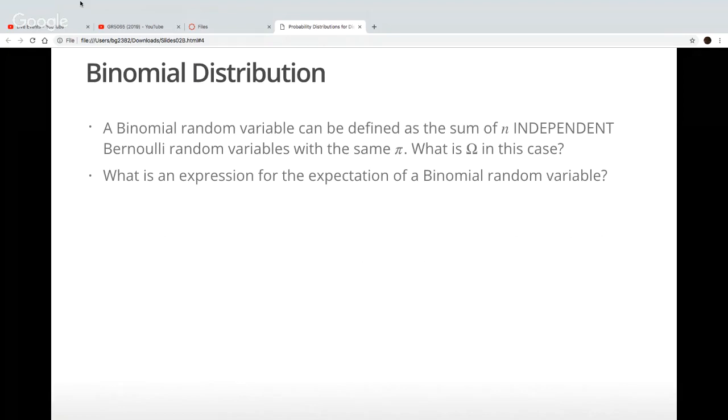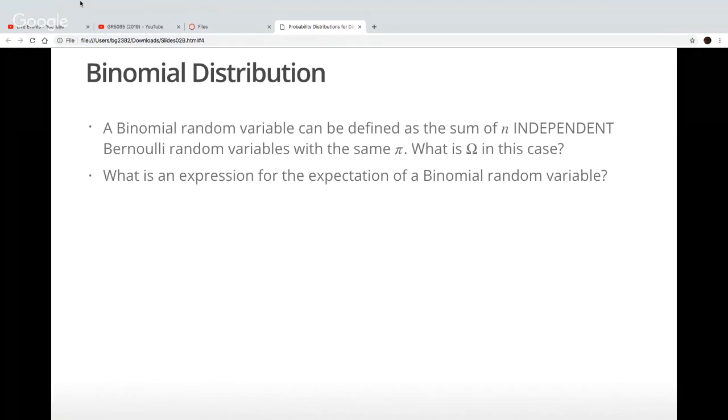No, although that's something. So getting ahead of ourselves a little bit. What would be the expectation, which is just going to be like a much simpler number than that? Close. Pi times n. Right.